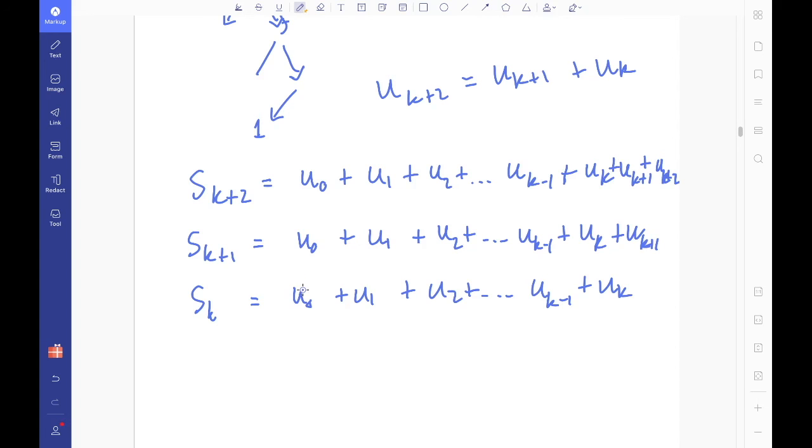So if I add these two together, let's call that equation 1 and that equation 2. If I added 1 and 2 together, I can see there's a pattern here. If I add u0 to u1, then that would give me u2. Okay, u1 to u2, that would give me u3.